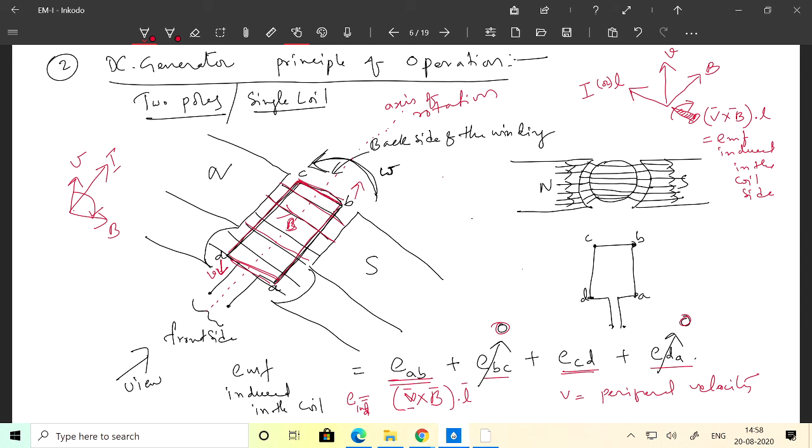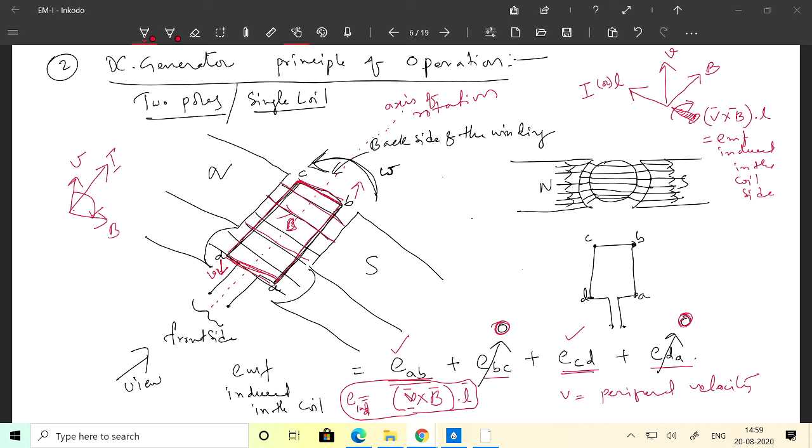The back side and front side coils are not effectively linking any flux, which is why the EMF induced in them is 0. Only coil sides AB and CD remain, and the EMF induced in them is given by V cross B dot L.